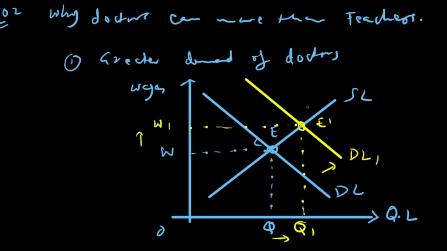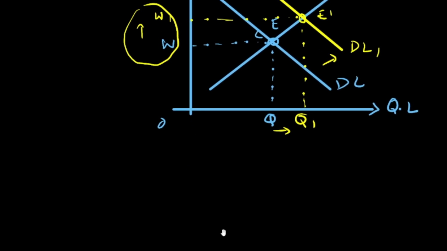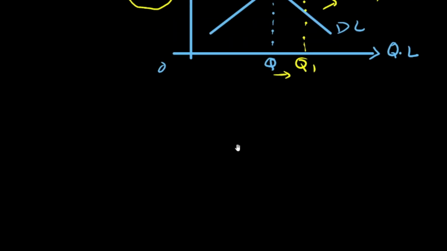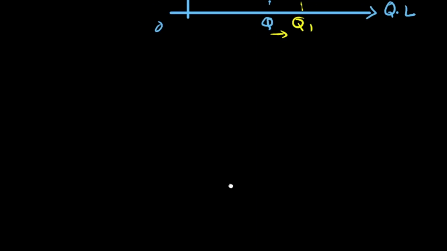So when demand of doctors increases, their wage rate also increases. This is one of the major factors that affect the wages, or for which doctors earn more than the teachers. And the demand for teachers is low. You can make another diagram if you wish, otherwise this diagram is sufficient, where you will mention why doctors earn higher than the teachers.